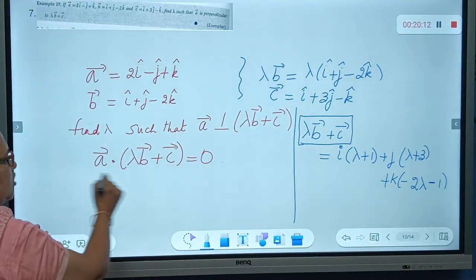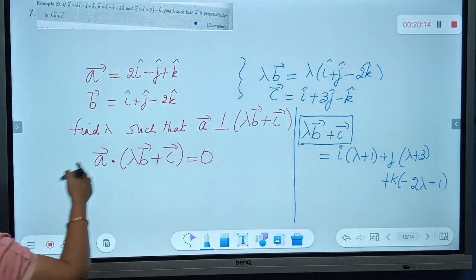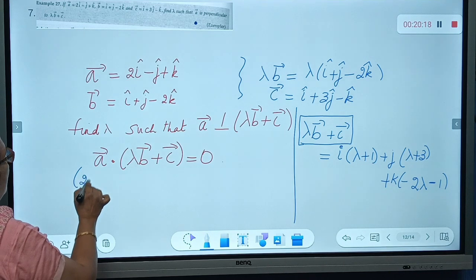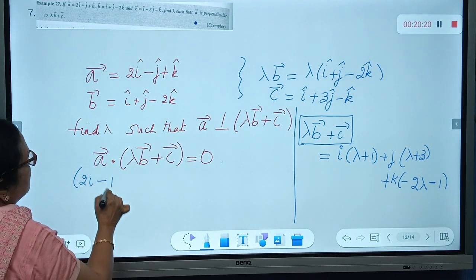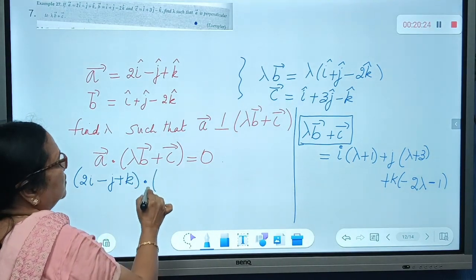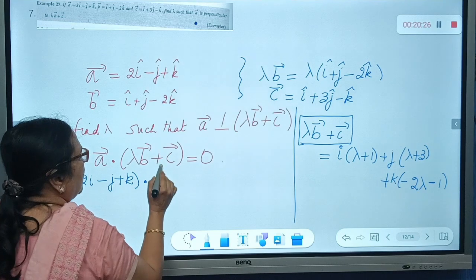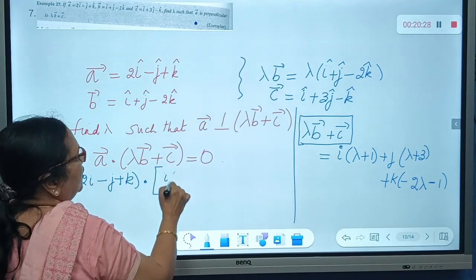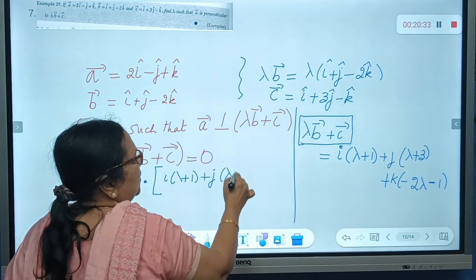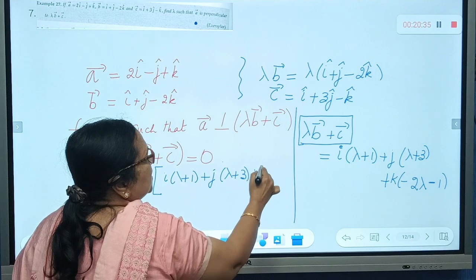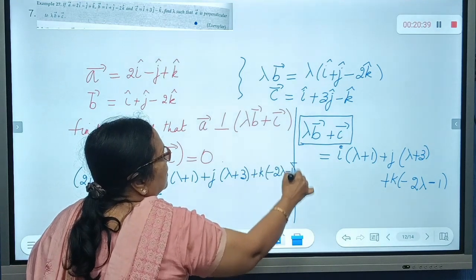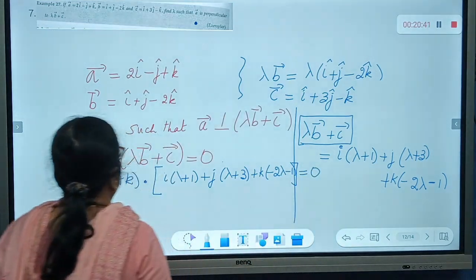Now, let us use the fact that its dot product with a vector is 0. A vector is 2i minus j plus k dot, I will use a square bracket, i into lambda plus 1 plus j into lambda plus 3 plus k into minus 2 lambda minus 1 equal to 0.